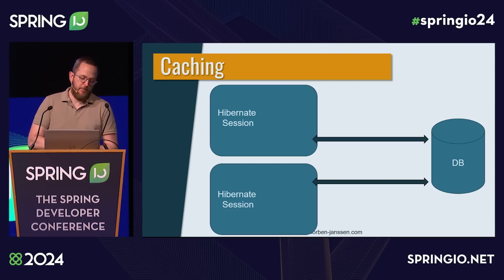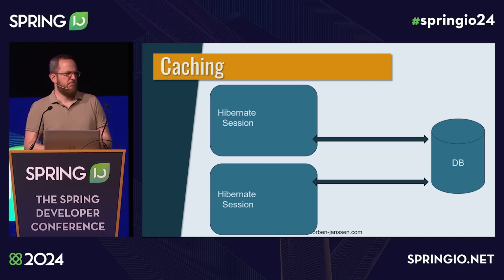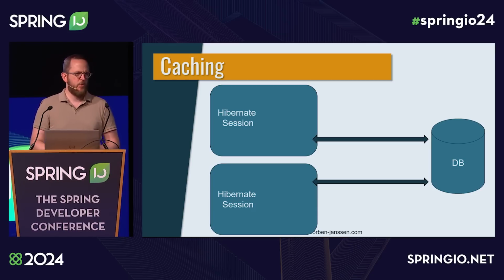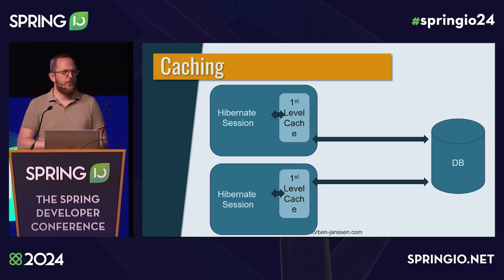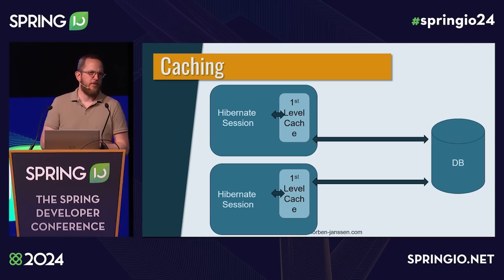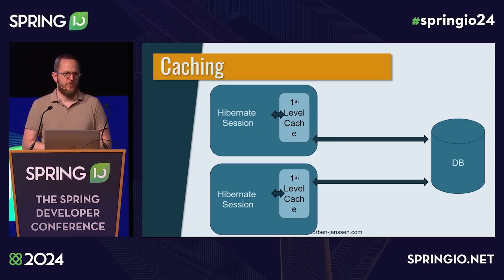If I talk about Hibernate sessions connecting to the database, many developers expect this. We have a session and that goes to the database, right? It's a little more complex. We have a first level cache that's always part of our Hibernate session. It's also called the persistence context. That's the thing where all the entities you fetched in your current transaction are stored.